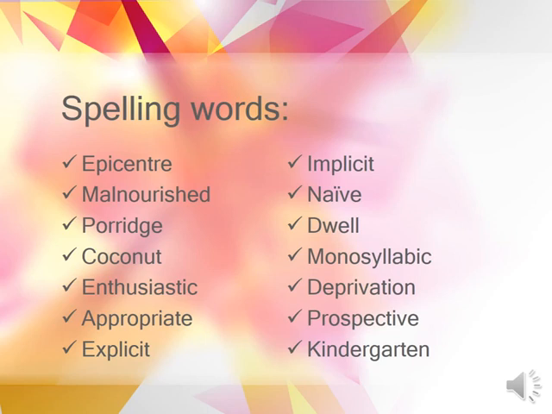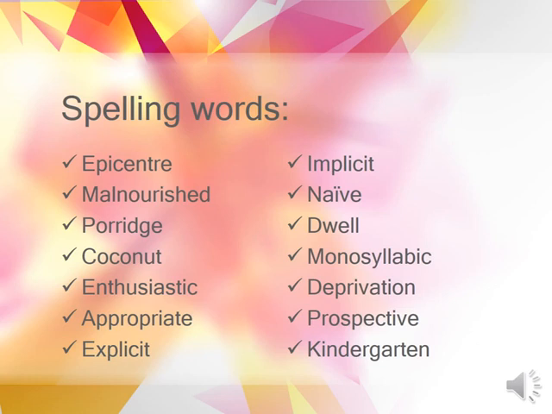Then we have two words which are antonyms. You have explicit and implicit. Explicit is something obvious, something clear, while implicit is something implied, is not that clear. Then you have the word naive.